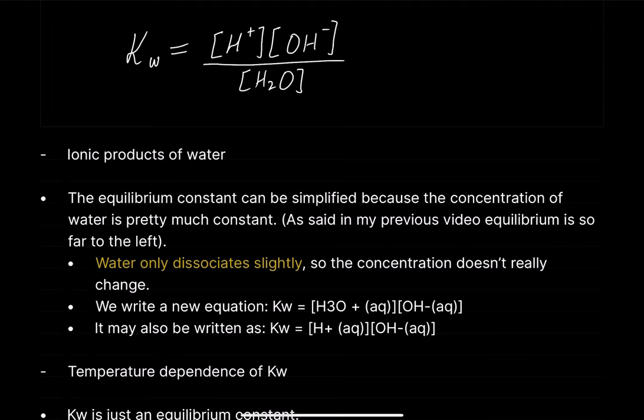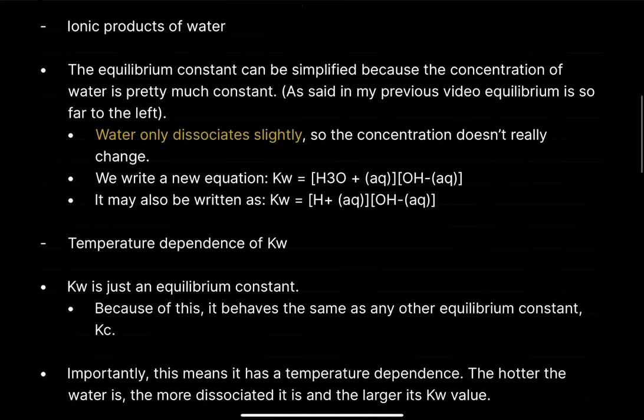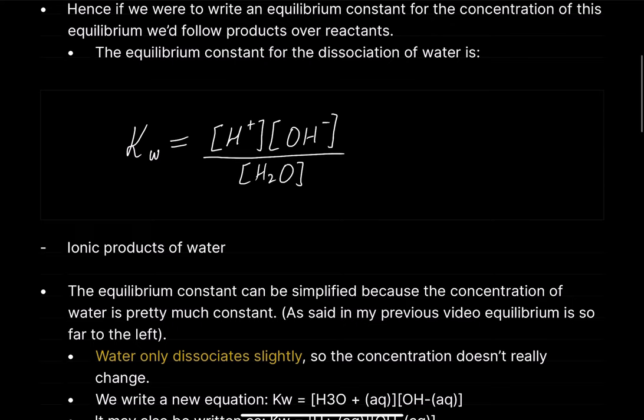So water only dissociates slightly, so the concentration doesn't really change. We can then rewrite a new equation. Kw is equal to H3O plus times by OH minus, as that before there. It may also be written as Kw is equal to H plus times by OH minus. Now, essentially what I'm trying to say here, this is constant, doesn't change.